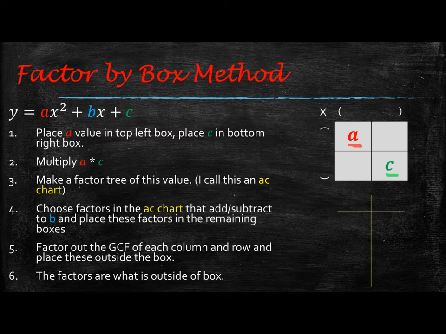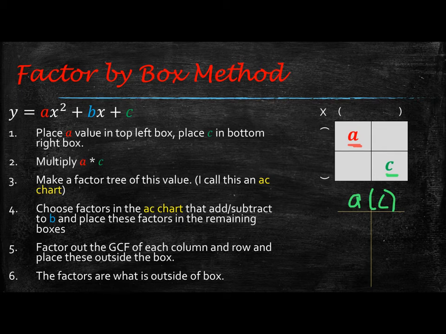You're still going to multiply your a times your c together, and we're going to make that AC chart. Okay, so you're still going to do a times c, and then you're going to list your factors there. You're going to choose the factors that add up to that b term. So again, we're choosing the factors that add up to our b term, and here's where it becomes a little different.